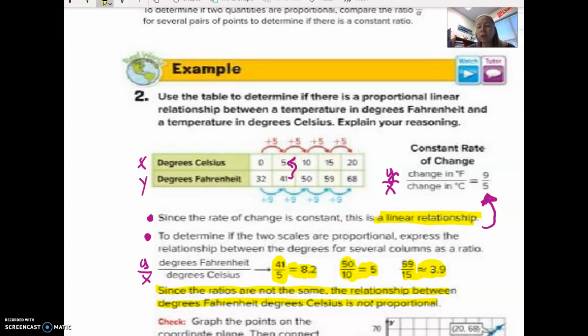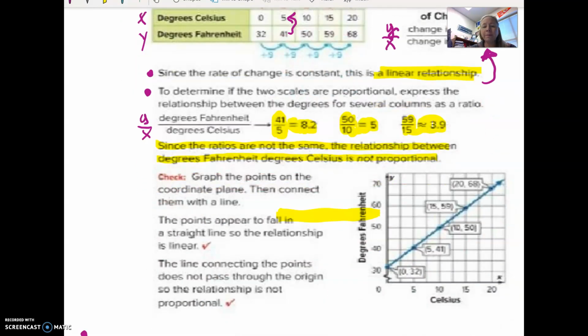Now let's also look at this as a graph. If we look here in graph form, there's another point I want to make known, right here on this last sentence. I'm going to put a bullet point here as well. The line containing these points that are in the table.